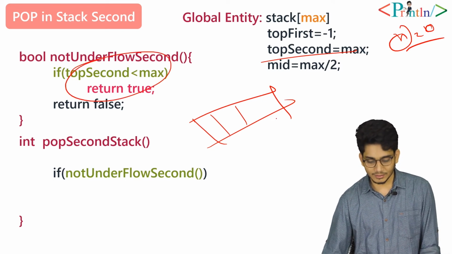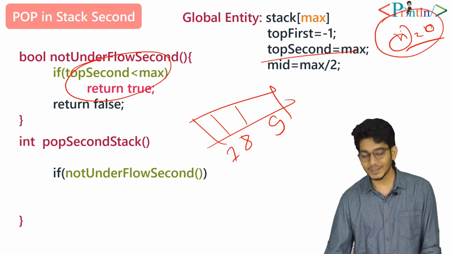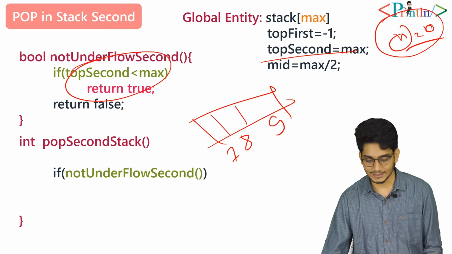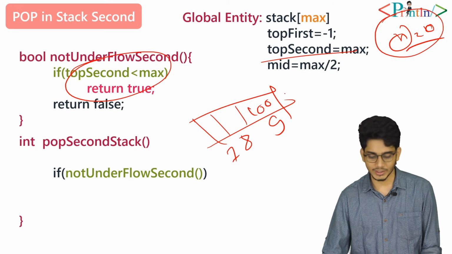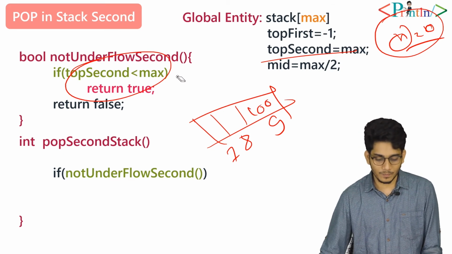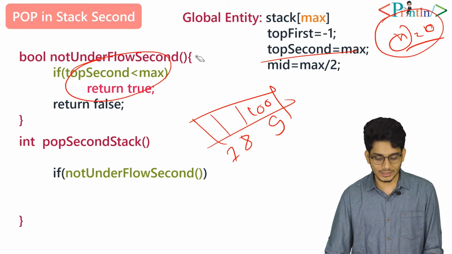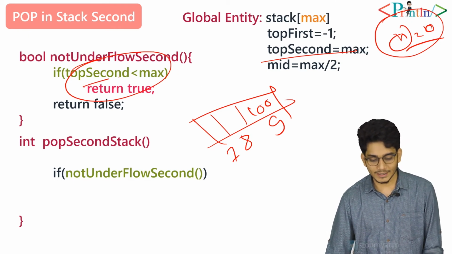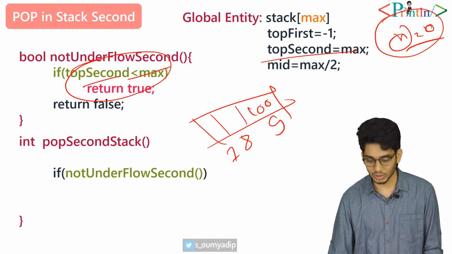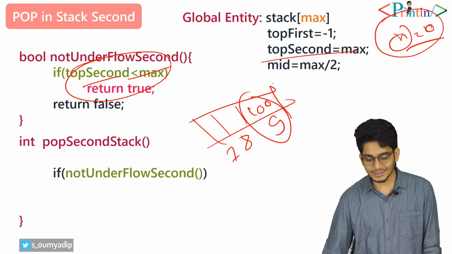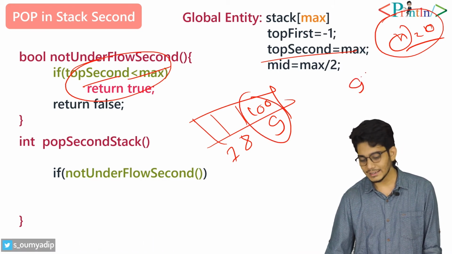So let's say we have 9, 8, 7. We are keeping the size of the array as 10. Let's say that we have 100. Now we'll check whether our top second is less than max or not. For popping this value, we have to check whether 9 is less than 10 or not.